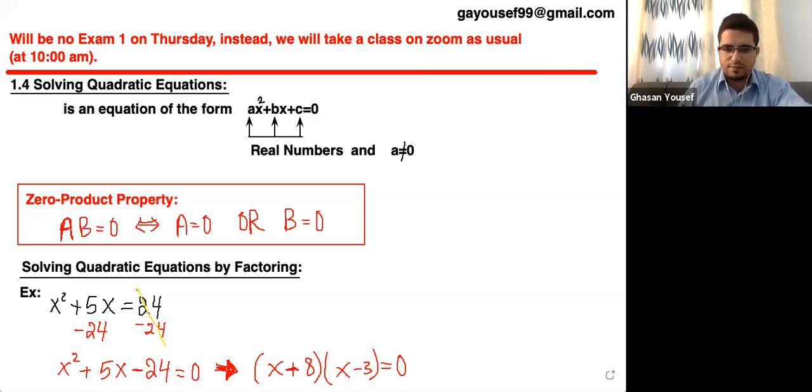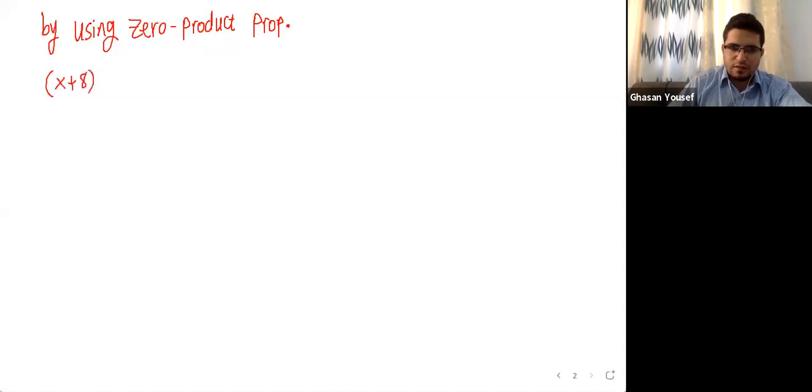So this is my A and this is my B. So by using the zero product property, here I have x plus 8 times x minus 3 equals 0. So this implies, this is my A and this is my B.